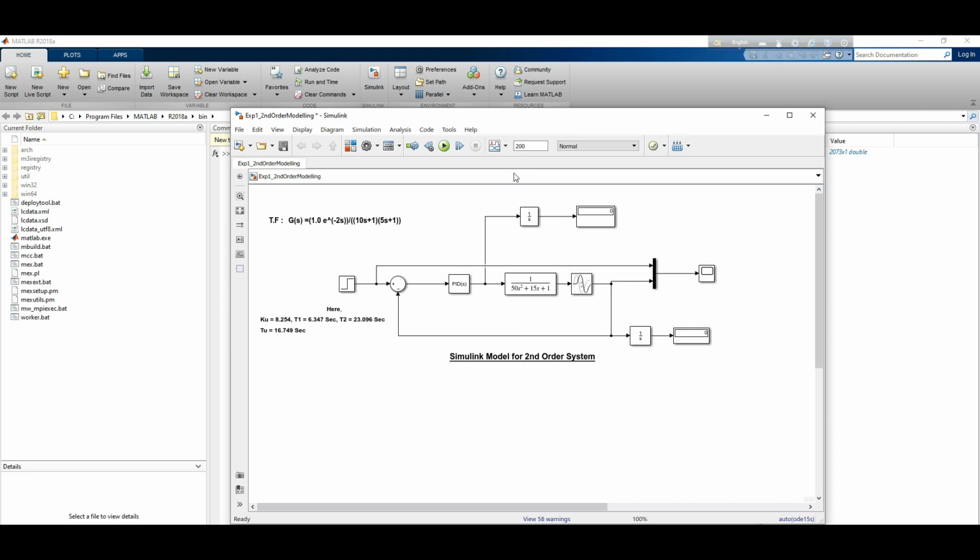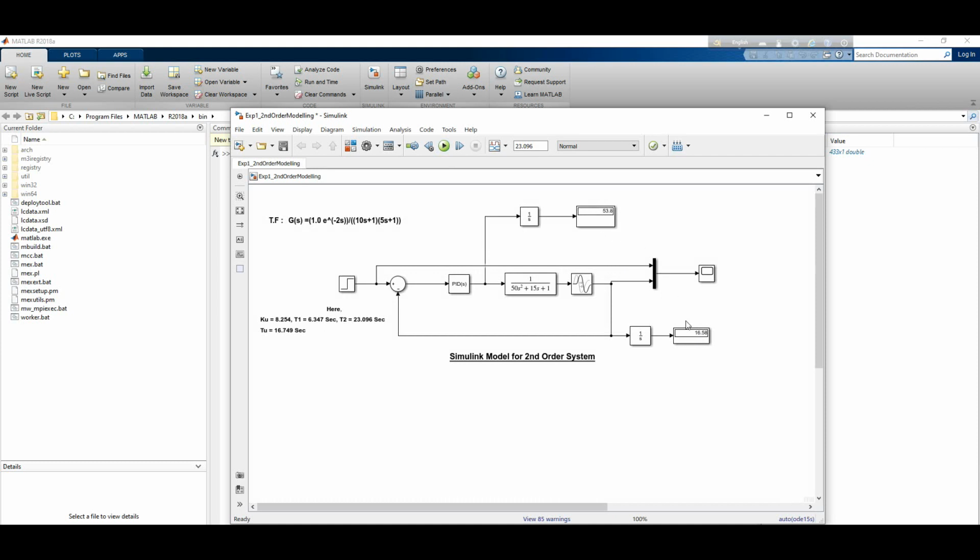After connecting these two, we have to calculate the value of k. I put the value 23.096 and run.